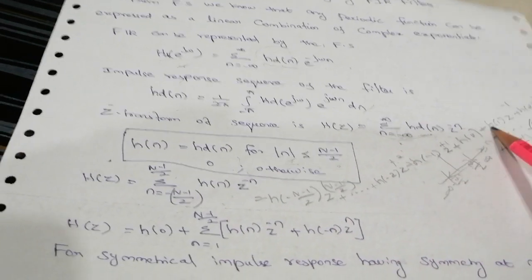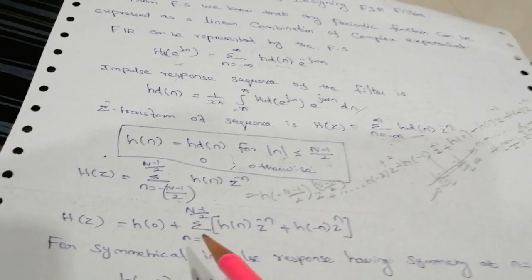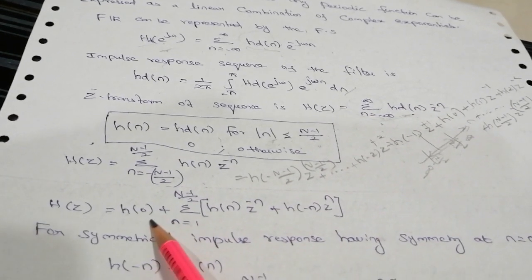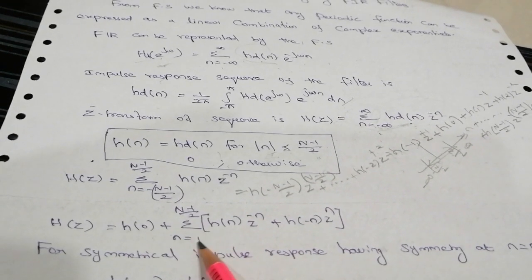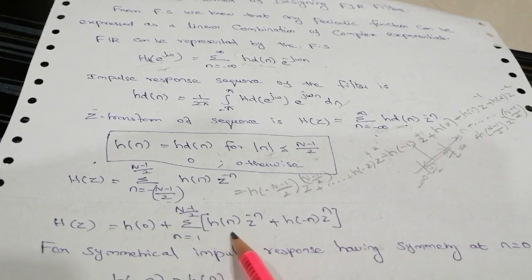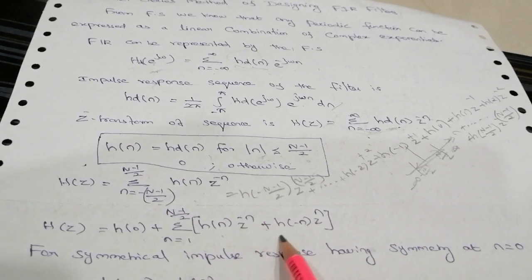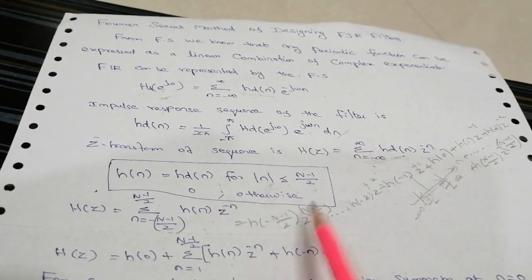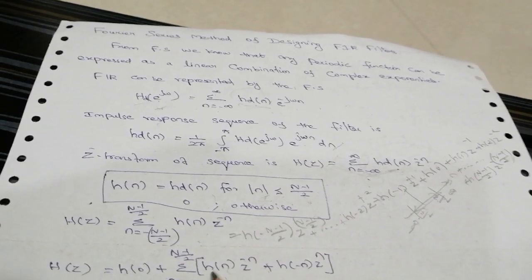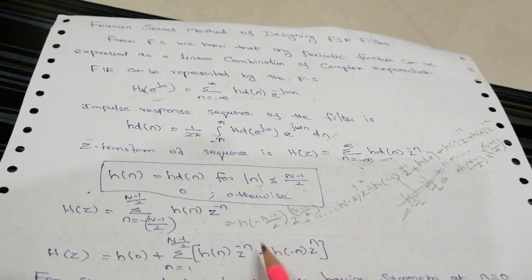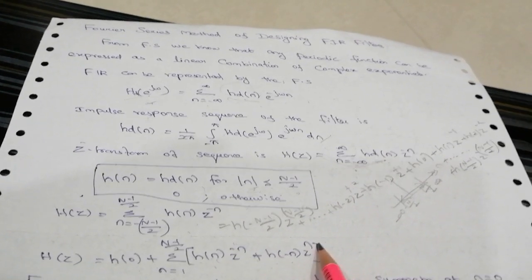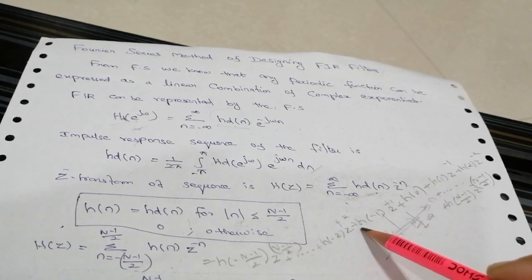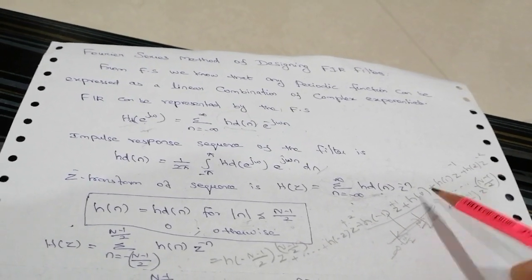In this expression we can simplify it as h(0) separately, plus summation n equal to 1 to (N minus 1)/2 of h(n) z^{-n} plus h(-n) z^{n}. These two are the same form, right? Because if n equal to 1, h(1) is z power minus 1 plus h(-1) is z power plus 1.